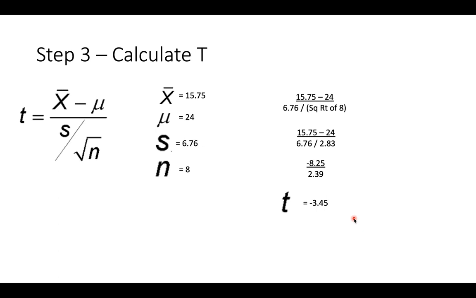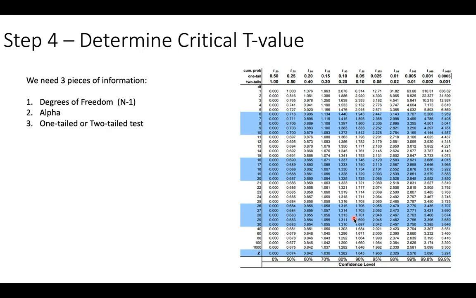Does negative 3.45 represent a large difference or a small difference? We don't know yet. For that, we need a critical value, just like we did with chi-square. This time we need to derive our critical value from a t-table because we're doing a t-test. T-tests are different from chi-squares, so our benchmarks are different.